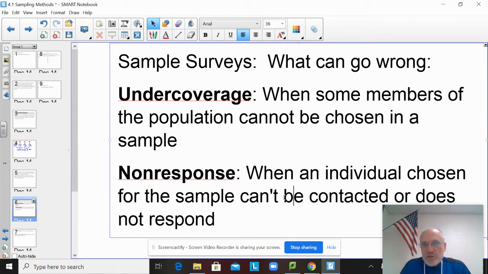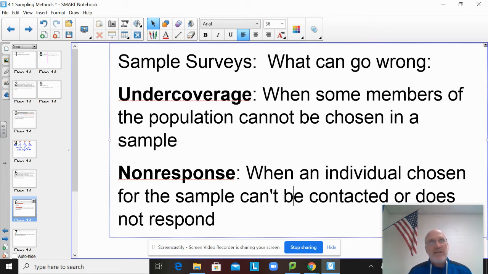Maybe people who feel more, like I take an SRS, I send a survey out. We want to know what you think about whatever. Only those with strong opinions are going to respond. That is not a voluntary response. That's when, like a call-in poll where people choose to be in the sample, that's voluntary response. If I pick an SRS and send out surveys, if some people choose not to respond, that's non-response bias, not voluntary response.